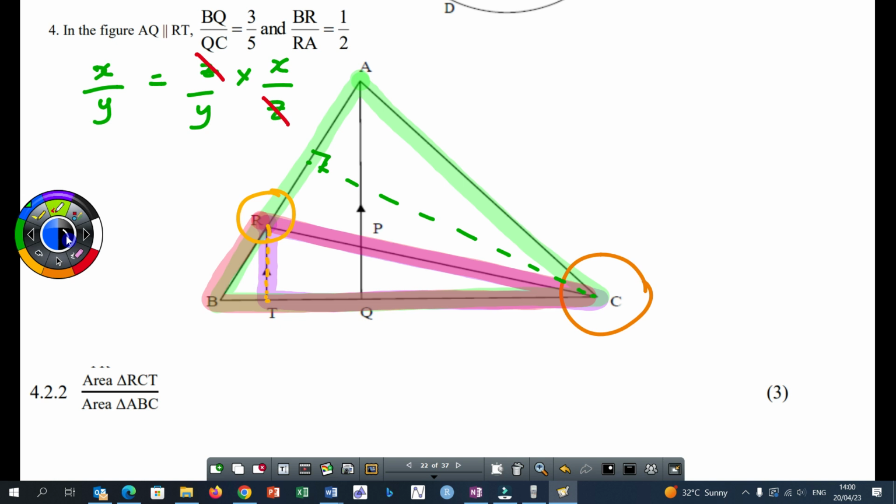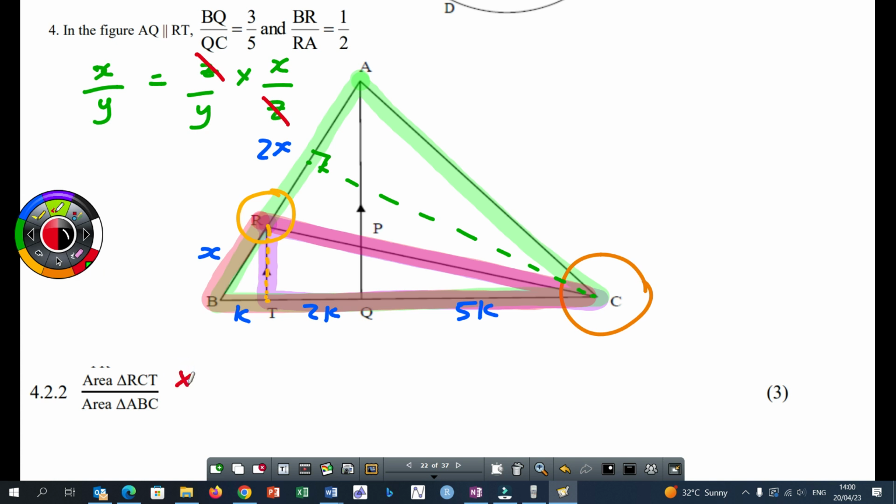Remember, I called this one x from the previous diagram, and that one 2x. And we had k here, this was 2k, and this is 5k.